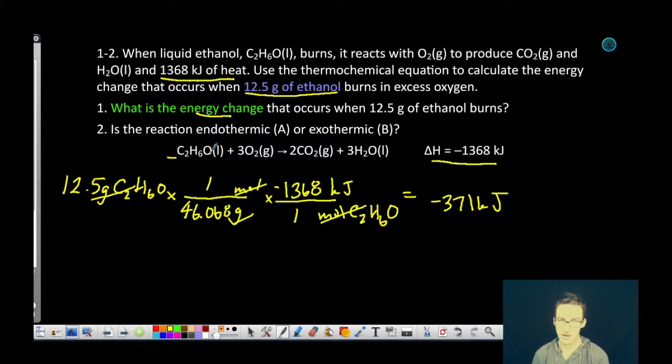Now, let's take a moment, wrap our minds around this. 12.5 grams is less than 1 mole. So since I'm burning less than 1 mole, I should expect an enthalpy change that's less than the enthalpy change for burning that 1 mole.